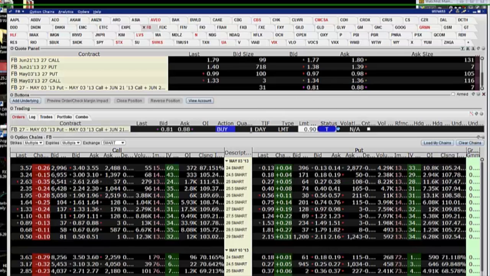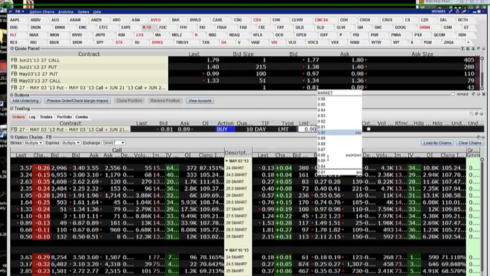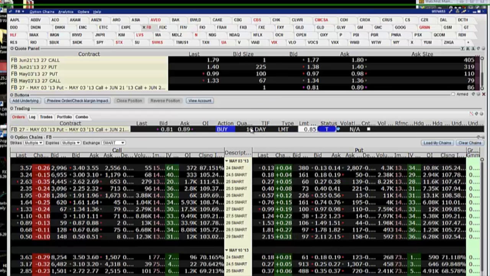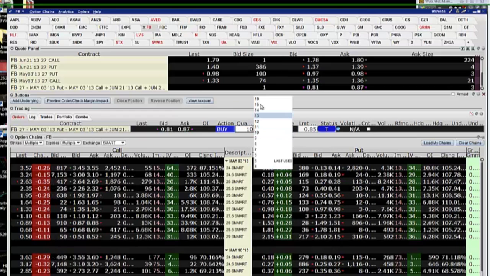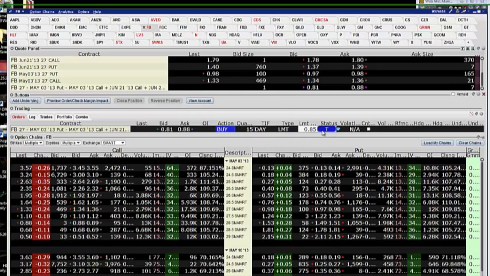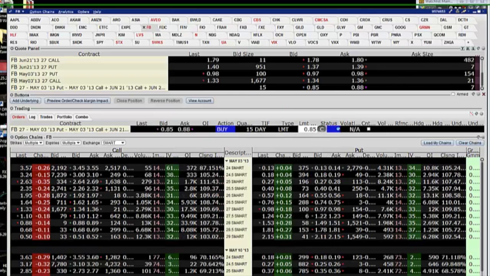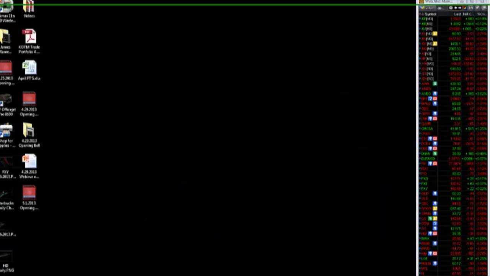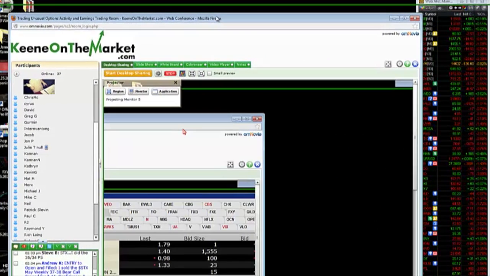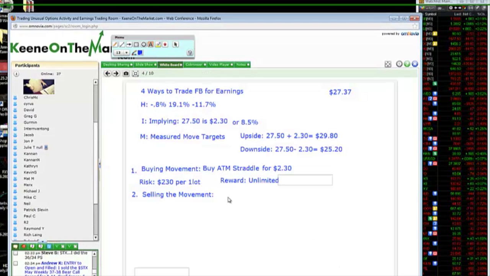So I'm going to bid this right now, 85 cents. Bidding 85 cents. I have not got filled yet in Facebook. I'm bidding this currently right now in the spread book.